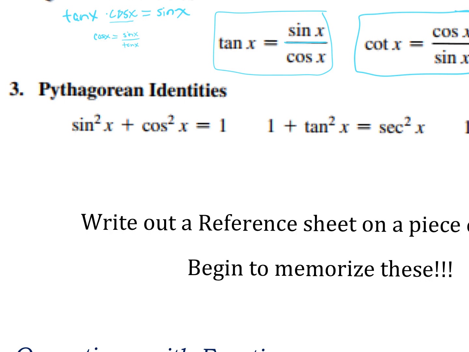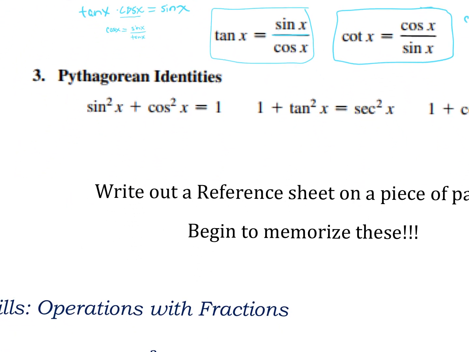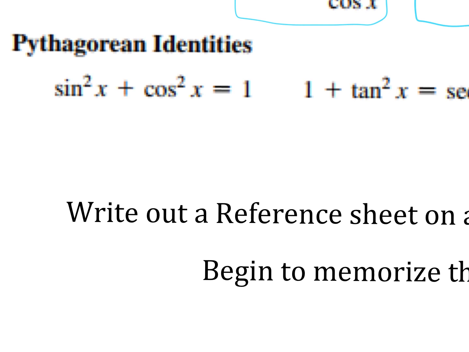Great. Okay. So let's look at some alternative forms for this identity. So that's sine squared x plus cosine squared x equals 1. We could solve for just the sine squared. In other words, we could keep this on the one side and we could move that cosine squared over to the other side. So an alternative form for this could be sine squared x equals 1 minus cosine squared x.